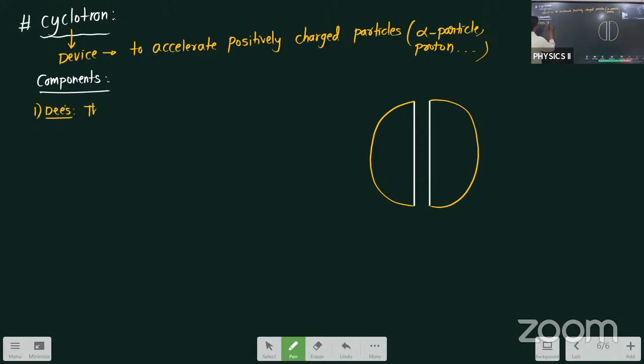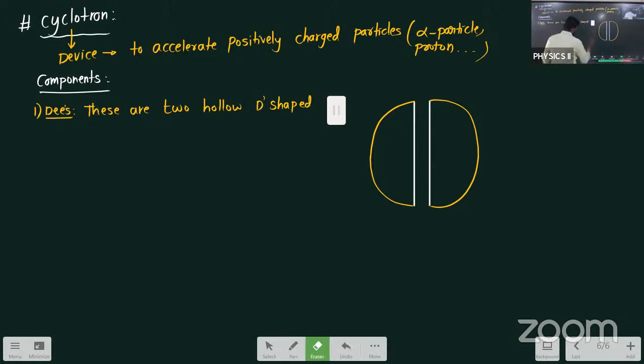These are two hollow D-shaped metallic chambers.